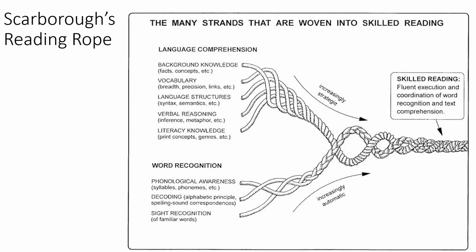At the same time, we're also teaching them these more critical skills of language comprehension that also need to become increasingly automatic and strategic. To become a skilled reader, our students need to be fluid in executing and coordinating the word recognition and text comprehension. So it takes all of these small fibers woven into this rope to support strong reading proficiency.